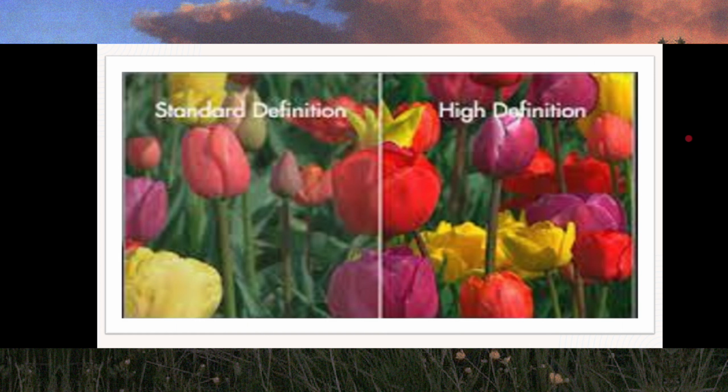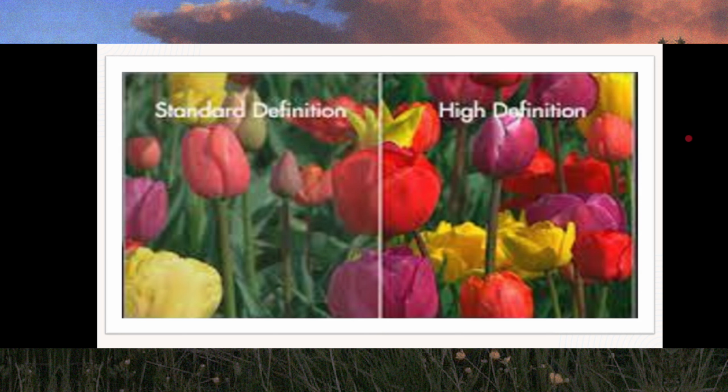So I brought in this picture because I want to explain the difference between standard definition and high definition. Standard definition is from 480 to 720, while that of the high definition is from 720 to 1080 pixels.